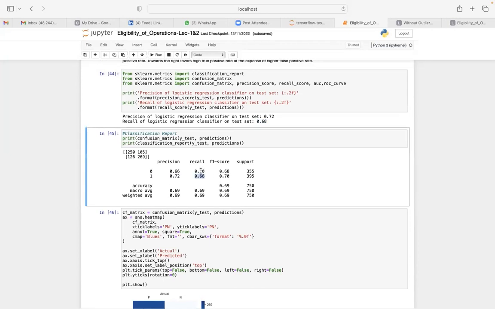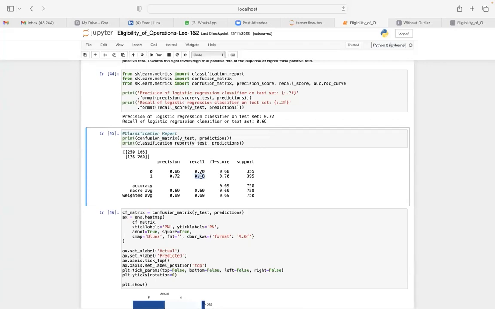Even though the number is high in case of zero, it will not say 0.70. It will always say 0.68 because they are focused on true positive cases, right? And in terms of business, we are also focused on true positive cases. So this means that it has been truly able to identify those cases which are actually true positives.